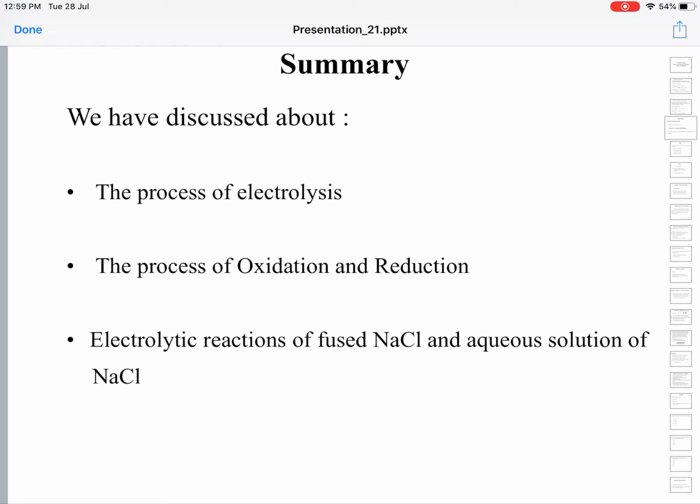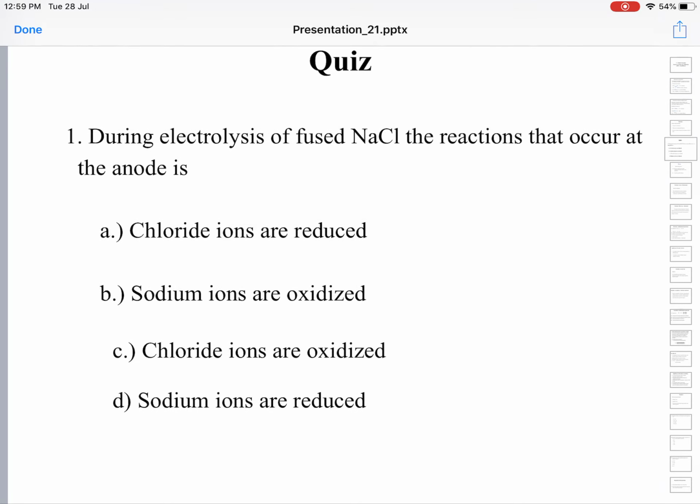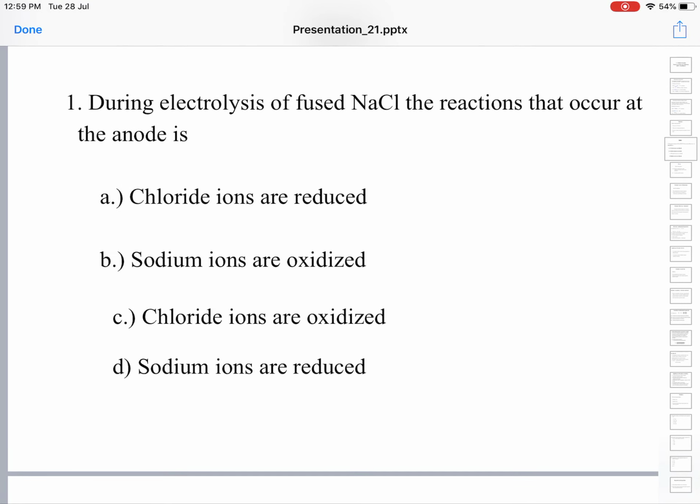We have seen the process of oxidation and reduction, at which electrode oxidation takes place and at which electrode reduction takes place, and the electrolysis of fused sodium chloride and aqueous solutions of sodium chloride. Okay, let us try out a few quiz questions to strengthen our understanding.